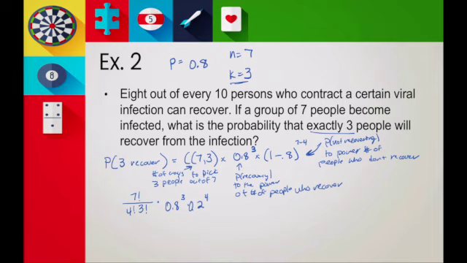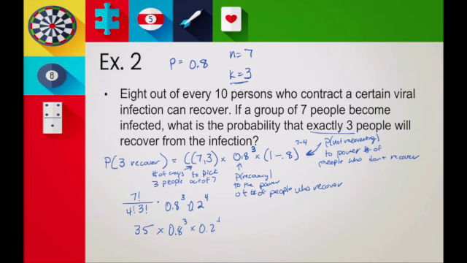And so 7 choose 3 is 35 times 0.8, not 0.08, to the third times 0.2 to the fourth.